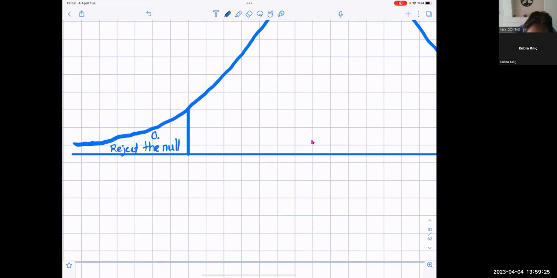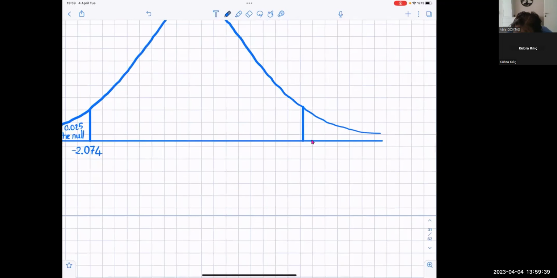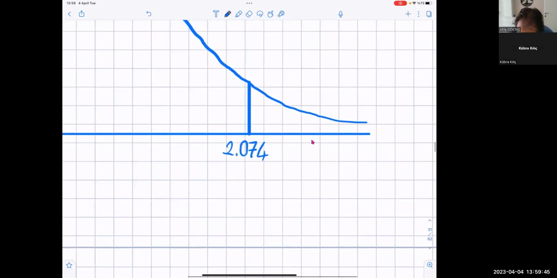This is 0.025. And this value is minus 2.074. Let me check back. Yes, 2.074. And I have another one here, 2.074 here. And here you will also reject the null hypothesis.